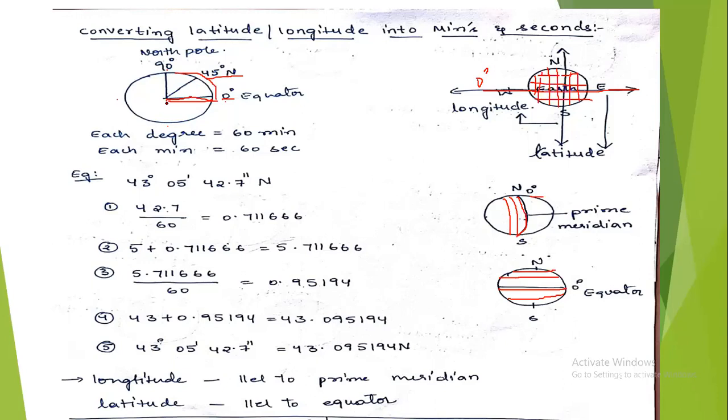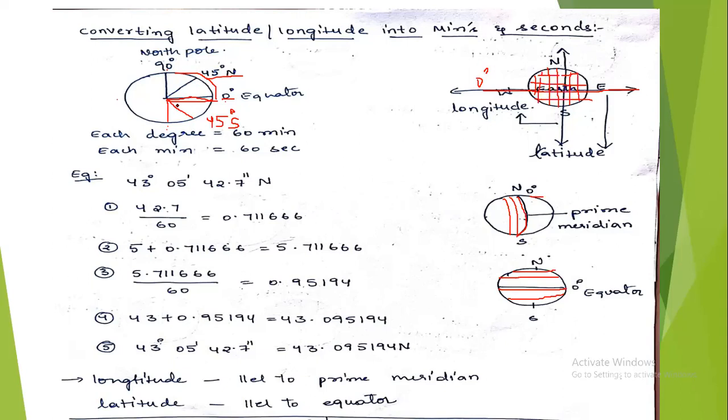If it is taken as 90 degrees towards the south pole, the middle angle will be 45 degrees south. We call it 45 degrees south. On whichever side we are marking, we have to call that side. North means north side, south means south side.